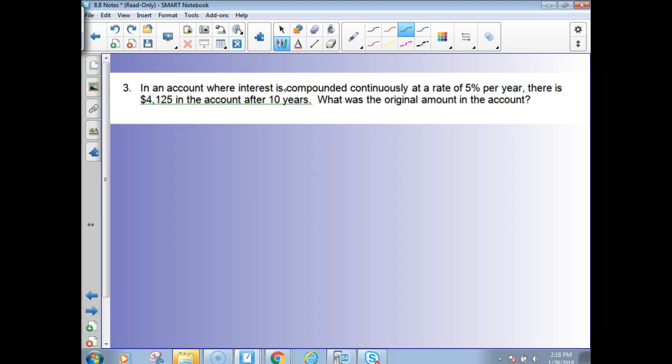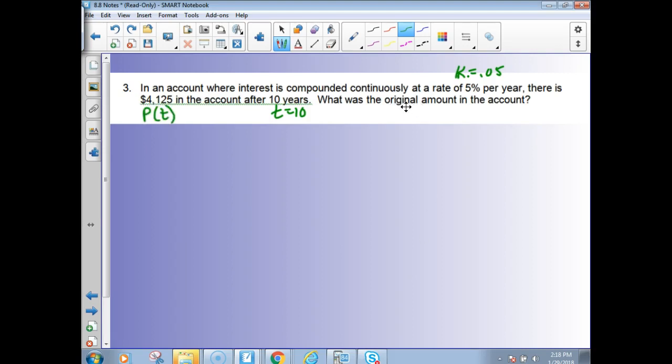Okay, in an account where interest is compounded continuously, again at a rate of 5% a year, there's $4,125 in the account after 10 years. So I have P of 10, and a rate, or k, of 0.05. And there's that much in the account after 10 years, so that's going to be a P of t.